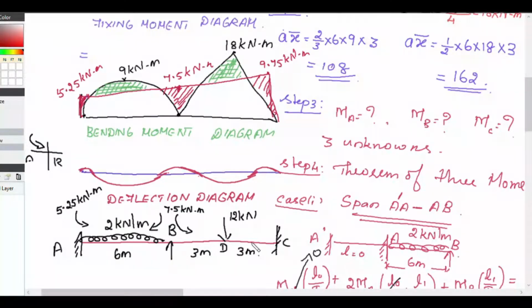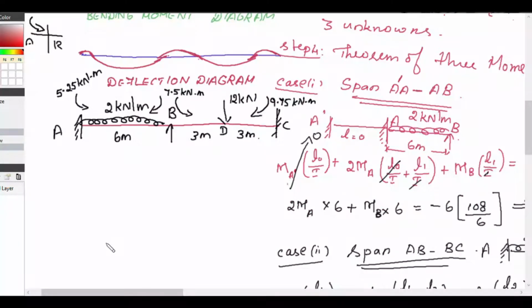Anywhere on the span BC, the left anti-clockwise becomes negative, so it is minus 7.5 kilonewton meter. Same way at the support C, our direction of bending moment is like this. So it is 9.75 kilonewton meter clockwise.